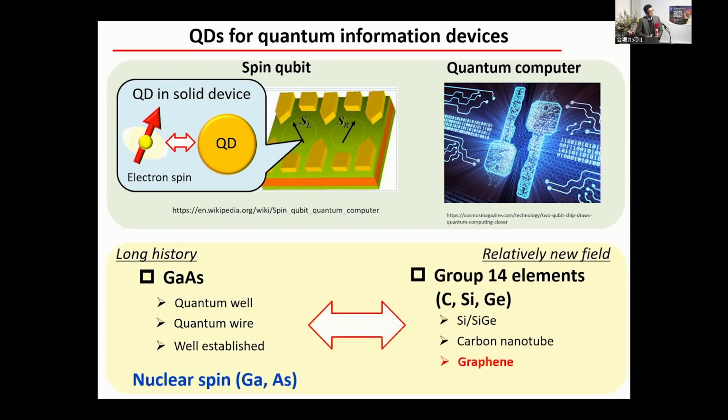But recently, relatively new materials have also attracted attention in this kind of device, which are nuclear spin-free materials based on the group 14 elements: carbon, silicon, and germanium. So in my talk, I'm mainly focused on carbon and especially graphene to fabricate a new type of quantum information device based on quantum dots.